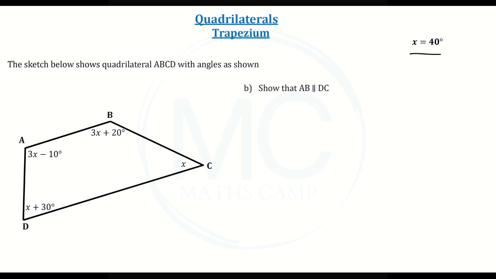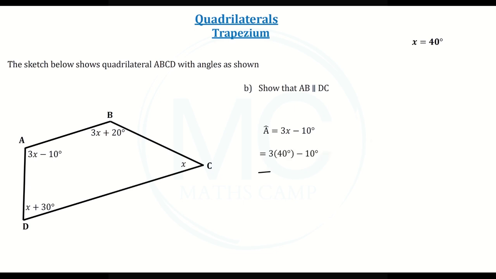Let's start with angle A. So we can say angle A is equal to 3x minus 10 degrees. We know that x is 40. So we can say 3 multiplied by 40 degrees, close the bracket, minus 10.